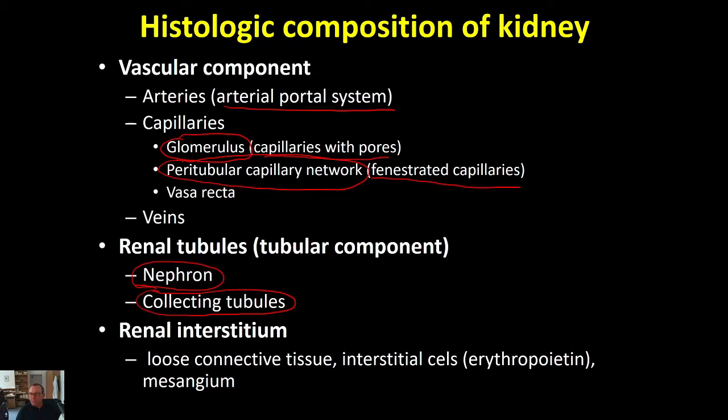The main tissue here is a loose connective, but it contains some special cells, so-called interstitial cells, mesangial cells. They belong to this interstitium, but not normally into loose connective tissue.